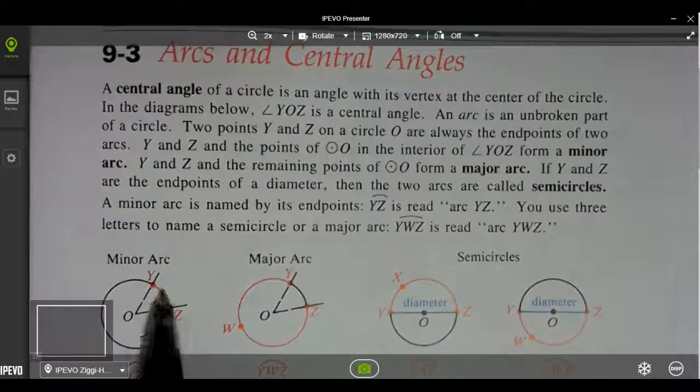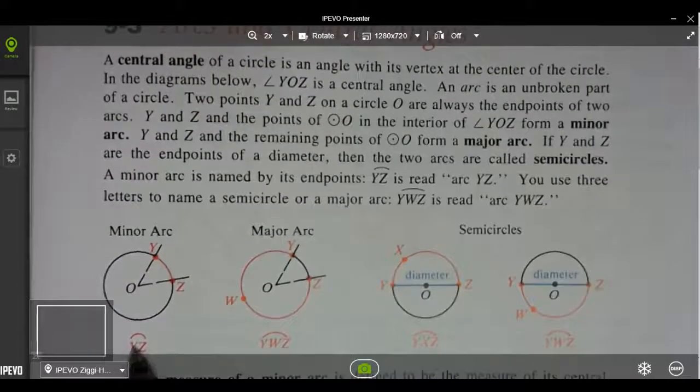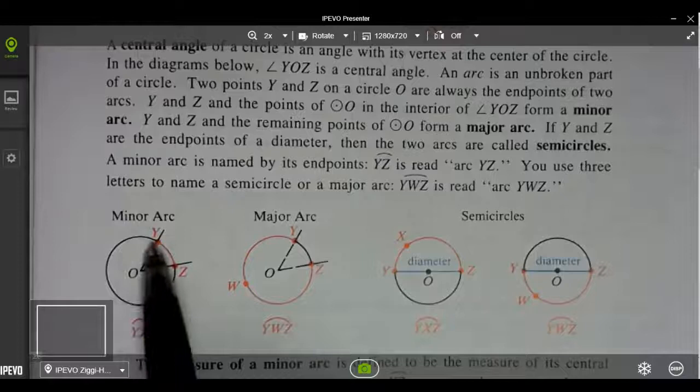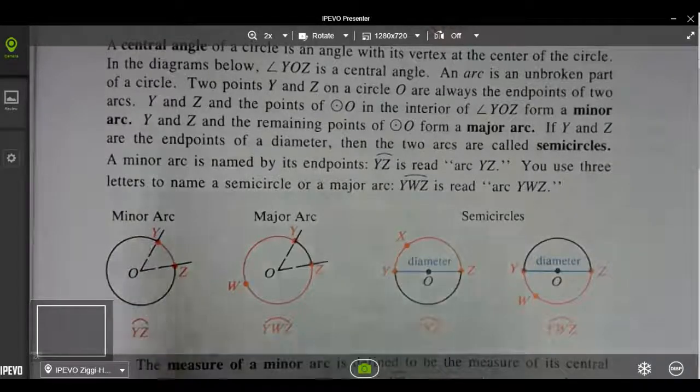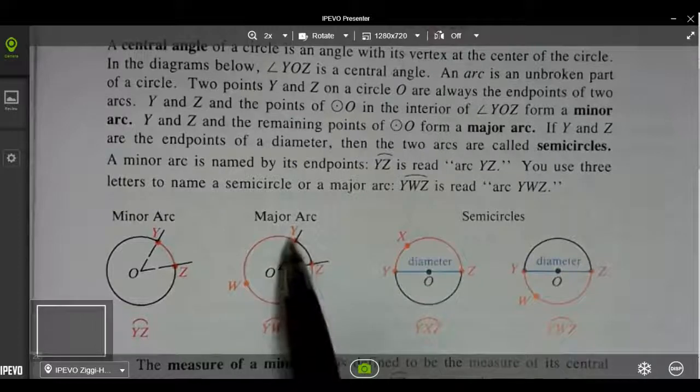The smaller part that is less than 180 degrees is called a minor arc. Like YZ is going to be a minor arc. It is named with two letters like that. And then the remaining part is going to be the major arc, and it's named with 3 letters.